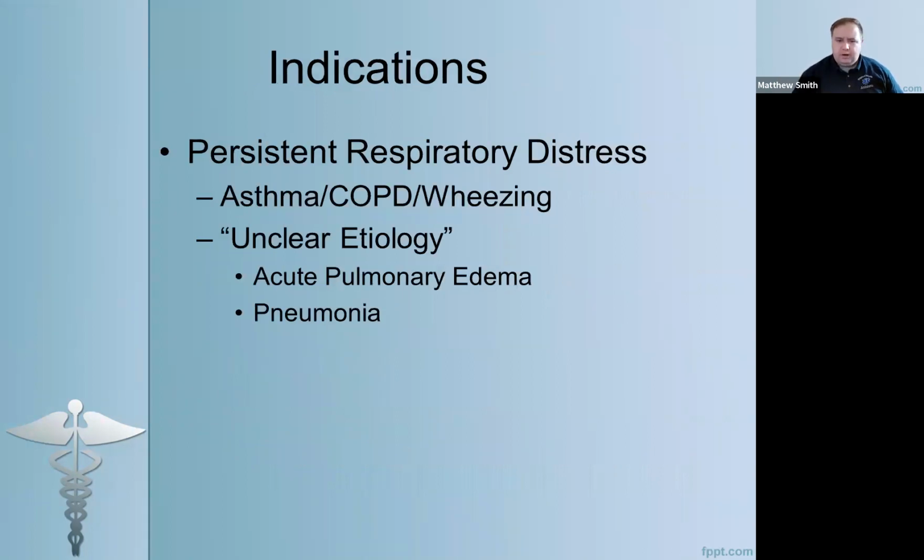All right, so let's talk about our indications for using this. So the number one indication as listed in the protocol is persistent respiratory distress. So if you have a patient who has respiratory distress that has resolved with our other treatments, like you gave them a neb and now they're no longer in respiratory distress, you're not using this, right?